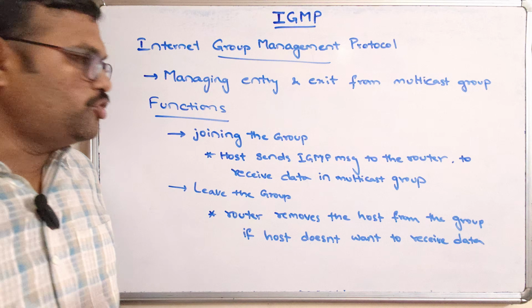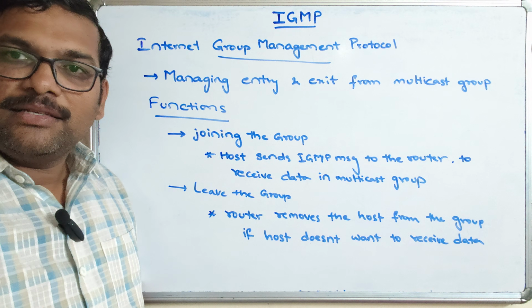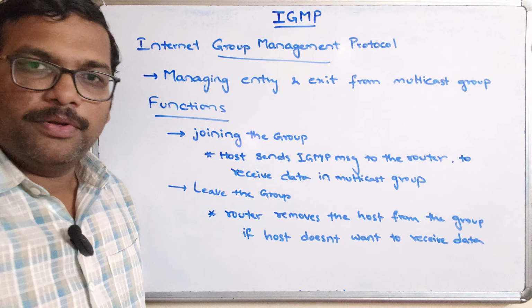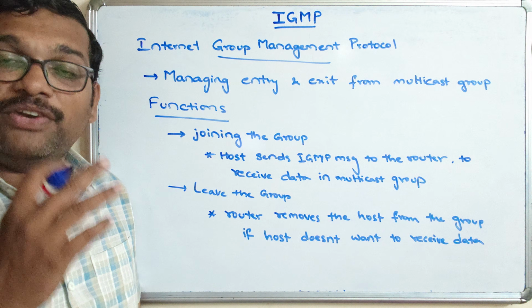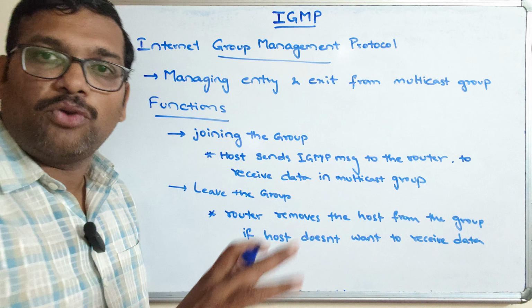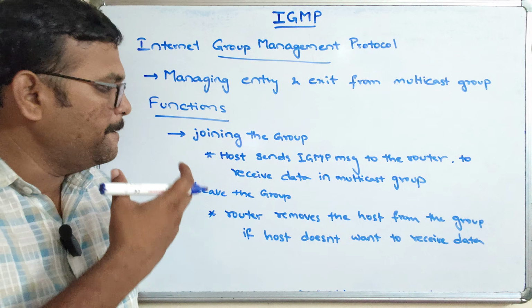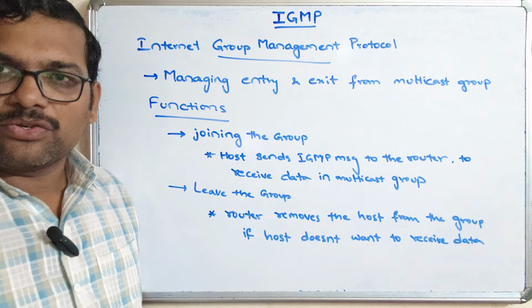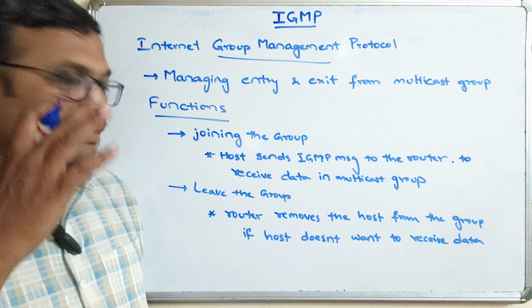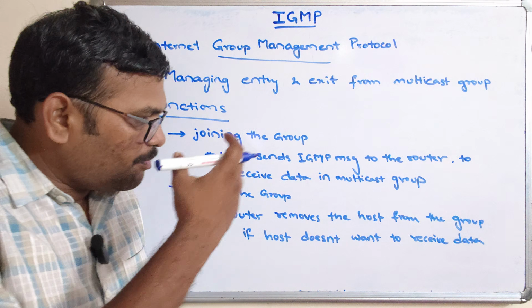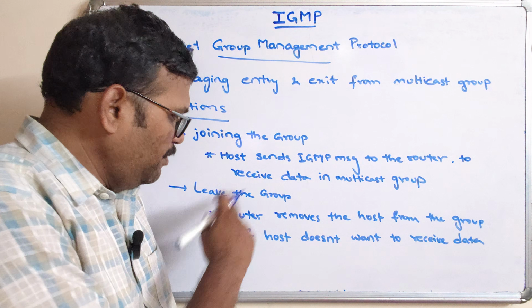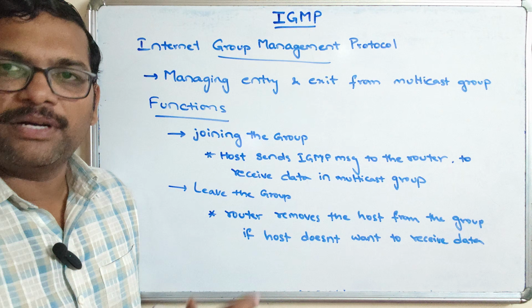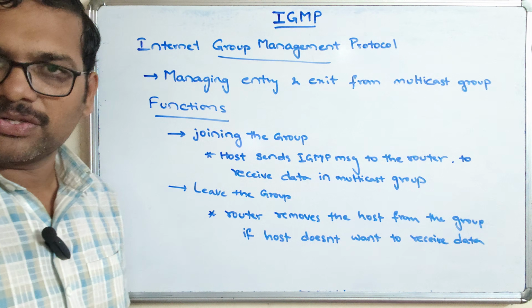So joining the group as well as leaving the group. Joining means the host wants to receive the data, so it will give the request message to the router to add that particular device to the multicast group. And if the device or host doesn't want to receive the data, the router will remove that particular device from that multicast group.